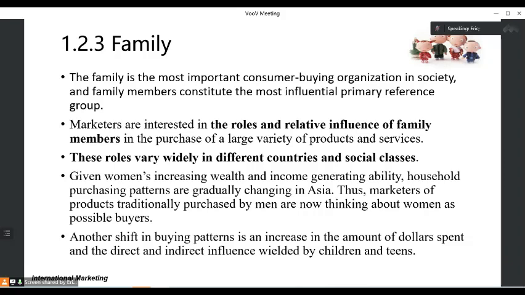So compared to the 60s, 70s generation, this 80s, 90s young generation matures earlier. They have more product information, so they want to take responsibility for the family purchasing. They want to give some opinions. So the role of them is changing. This is another special phenomenon.